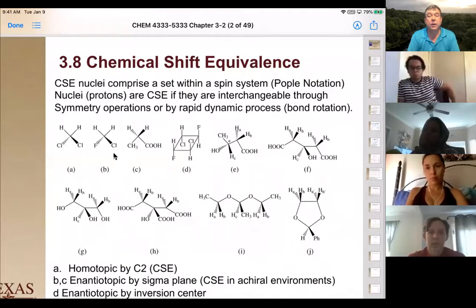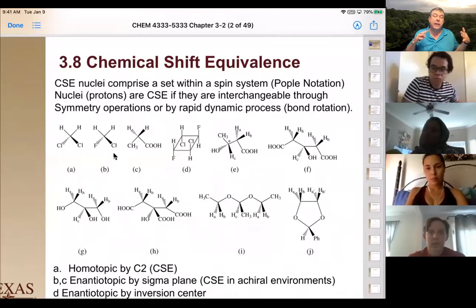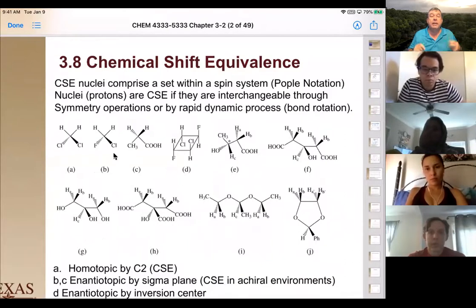So when we think about equivalence, it's not just whether they are on the same carbon or have the same things bonded to the carbon. Because of free rotation in long chain sigma bonds, and our rapid spinning here, we have to take into account symmetry elements to measure chemical equivalence.